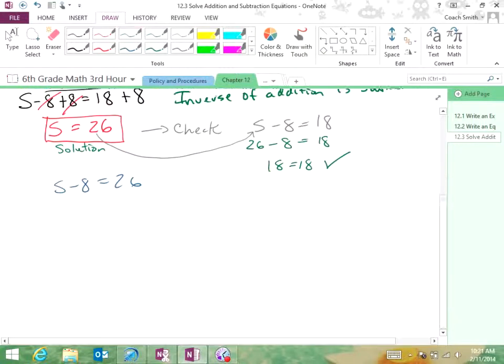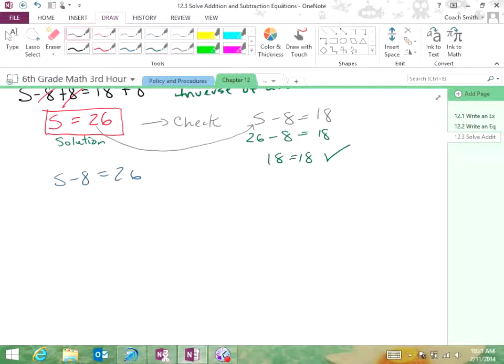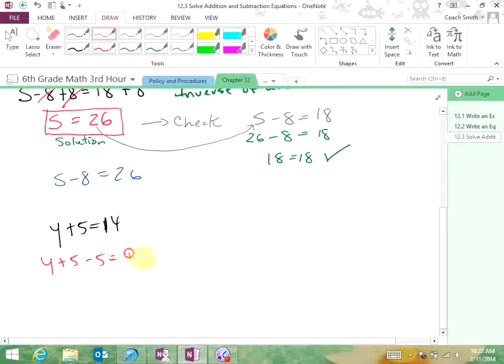All right. Now, let's say we have this: y plus 5 equals 14. What you've got to show me is the inverse of adding 5. So we've got y plus 5 minus 5 equals 14 minus 5.